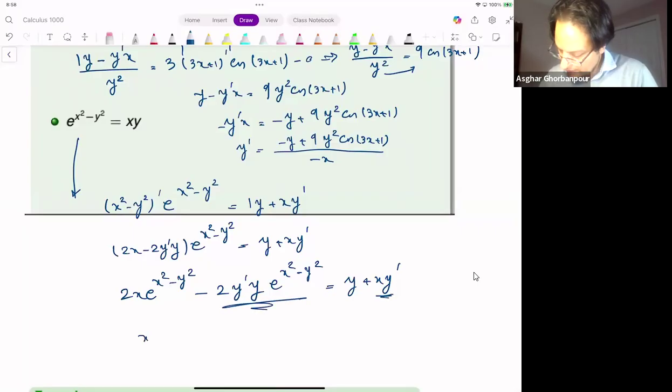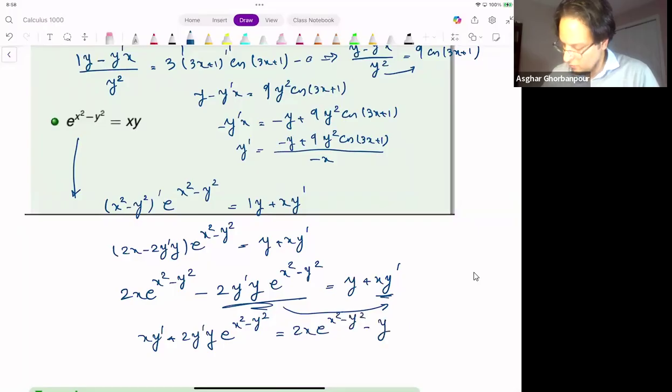So it is x y prime. I will take this to the other side and write left in the right. So 2y prime y e to the power x squared minus y squared equals 2x e to the power x squared minus y squared minus y.